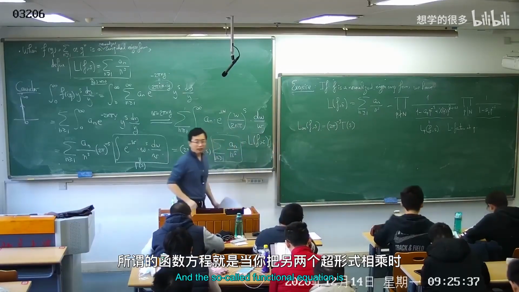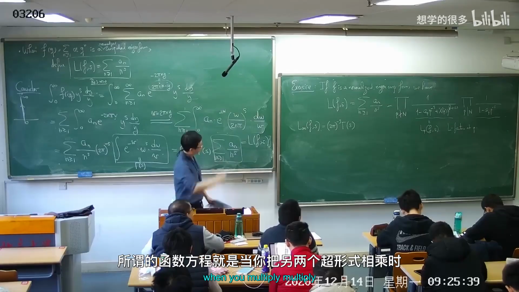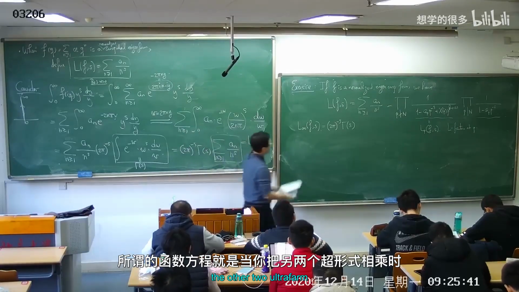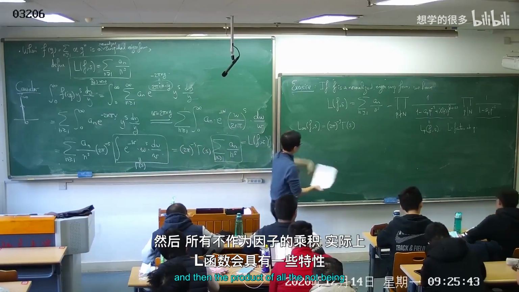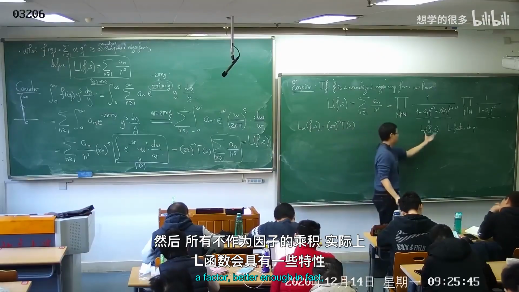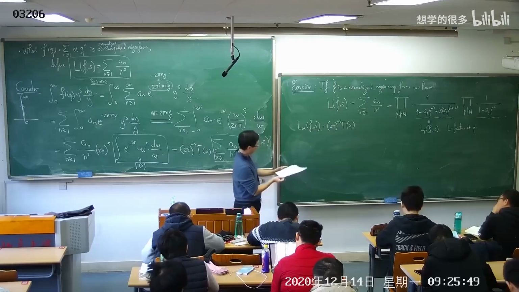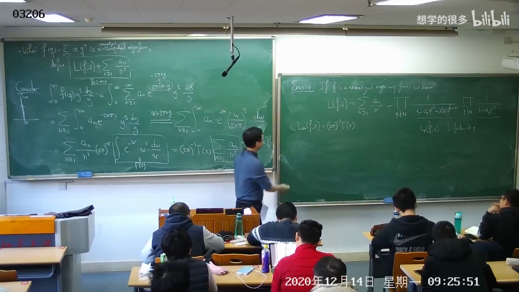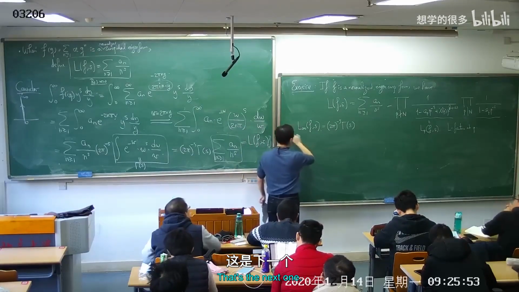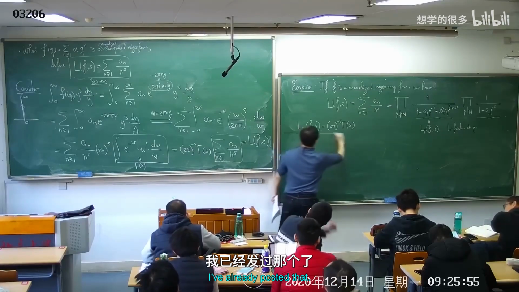The so-called functional equation is when you multiply all the usual L function, namely the product of all the non-Archimedean L factors, together with the Archimedean factor, the L function will have a simple functional equation. So that's an exercise. I've already posted that.